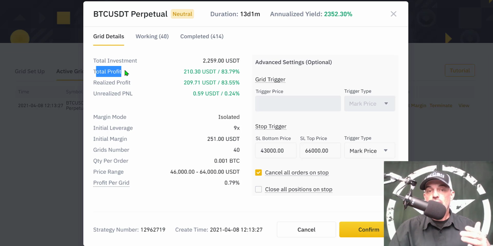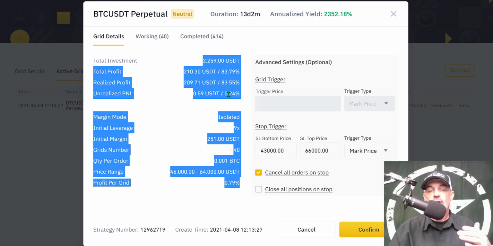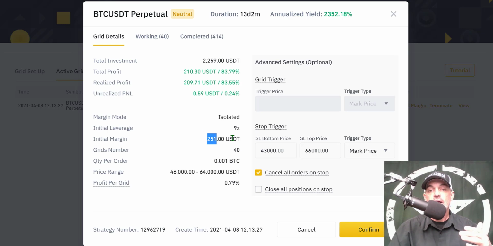My total profit currently, if I was to shut the bot down right now, would be 210 USDT, or just about 84%. And the total profit, realized profit, and unrealized profit, these percentages are calculated off of my initial margin, not the total investment. It's based on what I actually have at risk in this position.